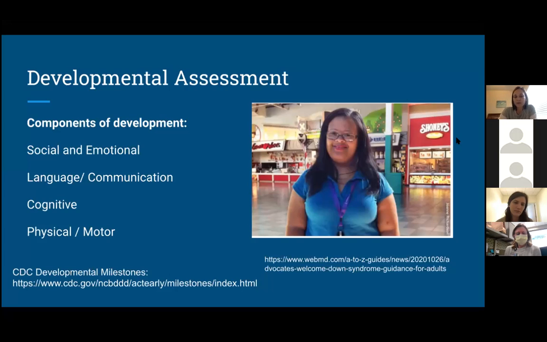So for the first one, let's say your patient is able to point to an object that they want. What age do you think that a typically developing patient would be able to do this? 4 months. Okay, any other guesses? One.